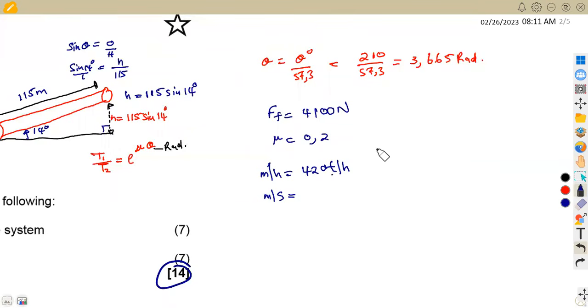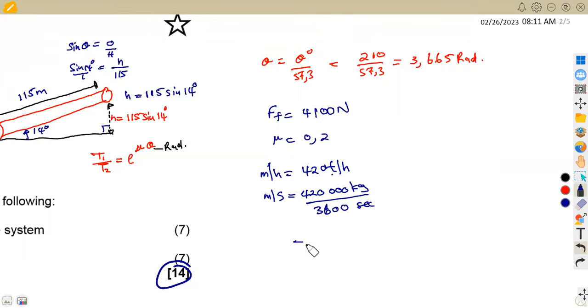Remember that in a ton, we've got 1,000 kgs. So to convert this, you multiply by 1,000, which is going to be 420,000 kgs over 1 hour. We know that 1 hour in seconds is 3,600 seconds.